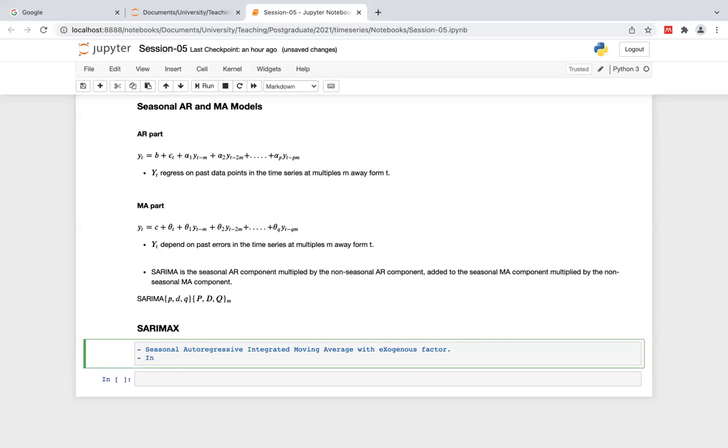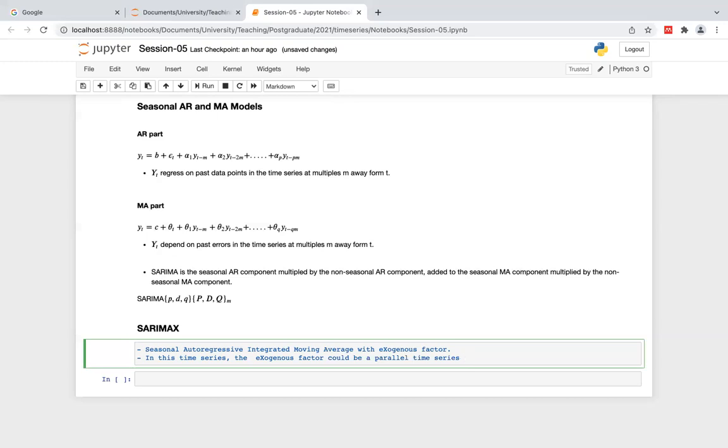Actually, if I write it, in this time series, the X factor or exogenous factor could be a parallel time series, which is not directly modeled with our time series, but we can include this value into the time series as an additional factor.